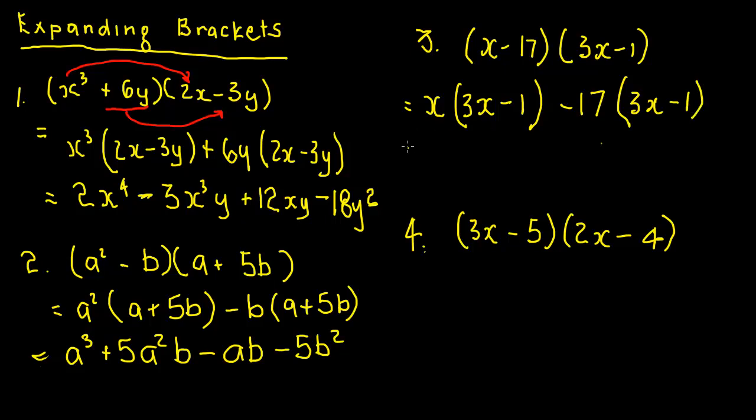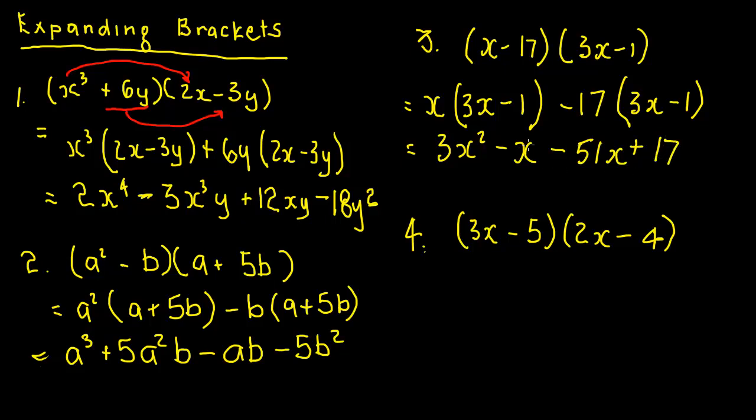Okay, and then that will equal 3x squared minus x minus 3 sevens are 21, 51x, plus minus times a minus plus 17 times 1, which is 17.